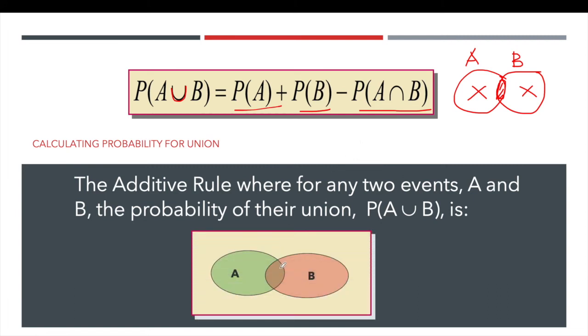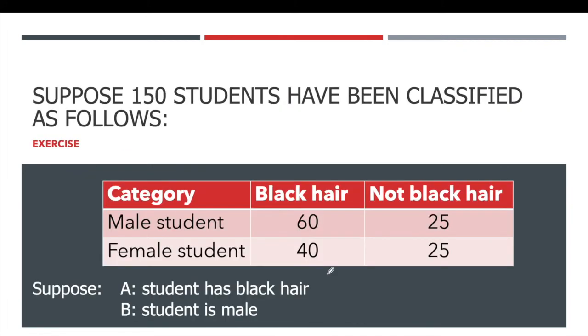Let's move forward. This is the example, where we just want to calculate A union B without having to calculate the intersections. I have a question here. Suppose 150 students have been classified as follows: male students are 60 and female students are 40 for black hair, and 25 and 25 respectively for not black hair.